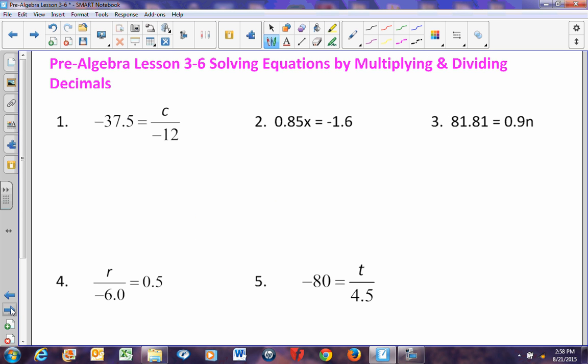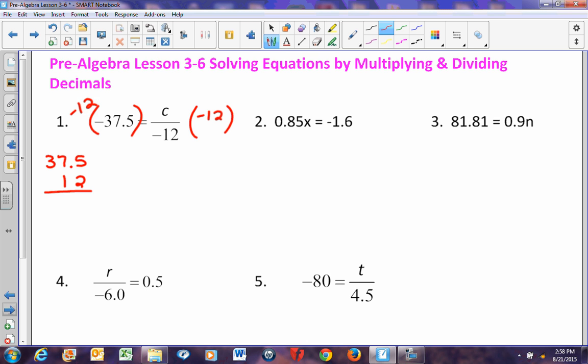So let's take a look at some problems. Here we have number 1. Negative 37.5 is equal to c divided by negative 12. So to solve this, I have to get rid of the negative 12. Since they divided, I'm going to multiply. I'm going to show this off to the side, 37.5 times 12.